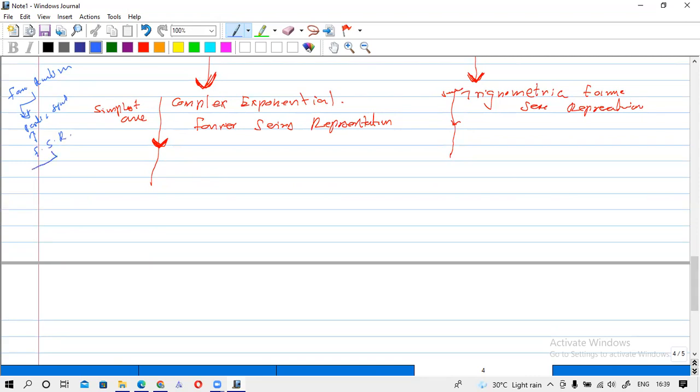And we have two types of representation: one is the complex exponential Fourier series representation, and the other is the trigonometric Fourier series representation. So this is the summary.